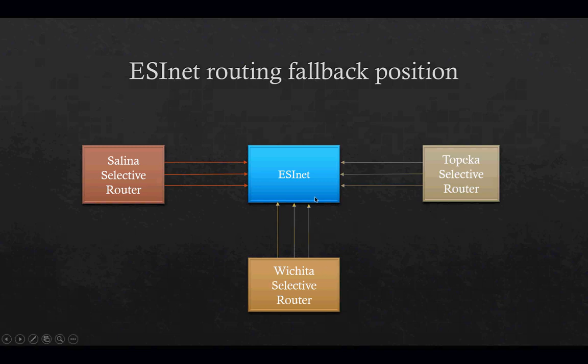Because the EZINet only gets its calls from 3 places. Either the Salina selective router, the Wichita selective router, or the Topeka selective router. So when that 911 call comes in and the telephone number doesn't return from the database, in the old days, you'd get your PSAP, or maybe the PSAP next door, or maybe at the most a couple PSAPs away.